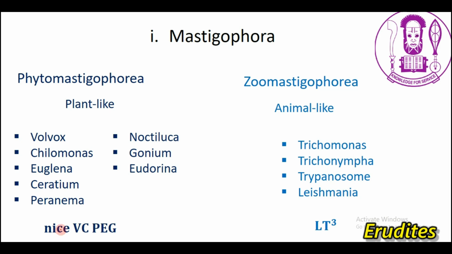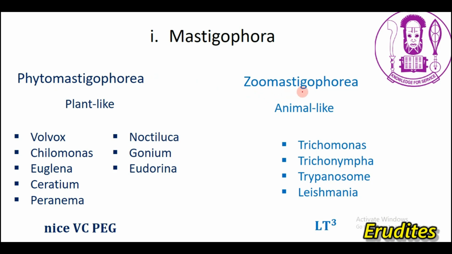The N in NICE is Noctiluca. V is for Volvox, C is for Chilomonas, P is for Peranema, E is for Euglena and Eudorina, and G is for Gonium.